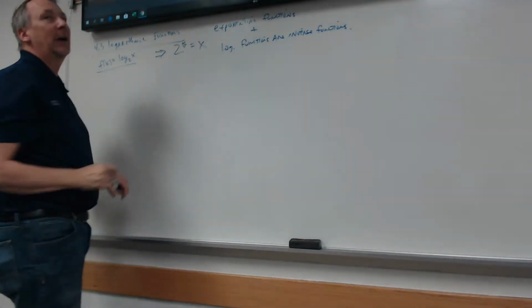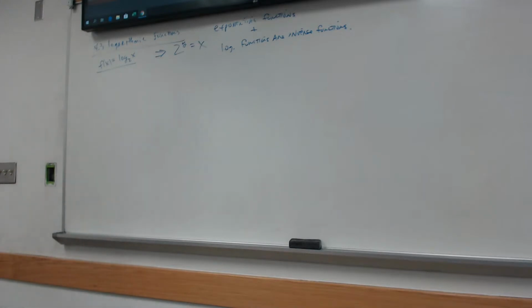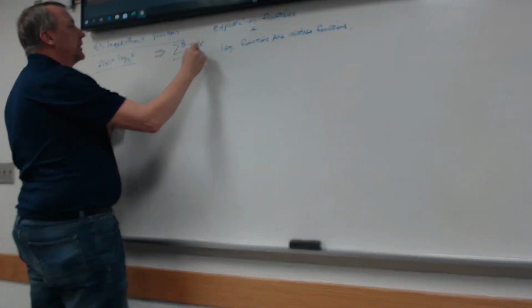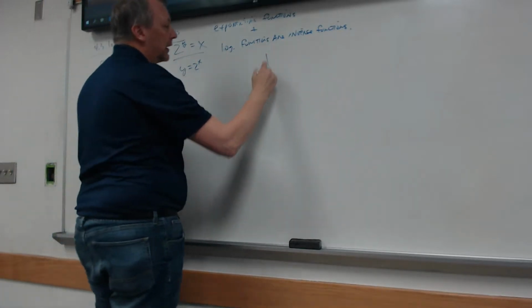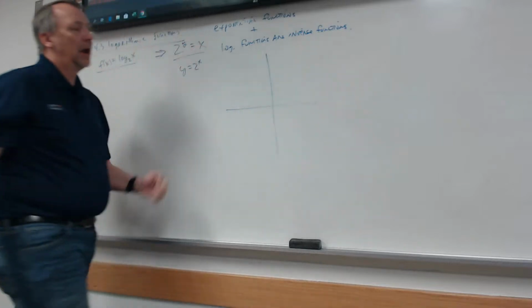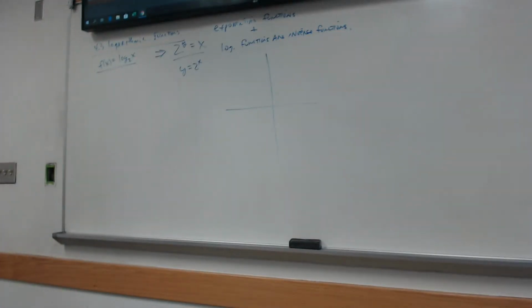So that's how we would write that in exponential notation. Now, rather than graph that, what I'd really like to graph is y equals 2 to the x, and then we're going to use that to help us to graph y equals log base 2 of x, okay?